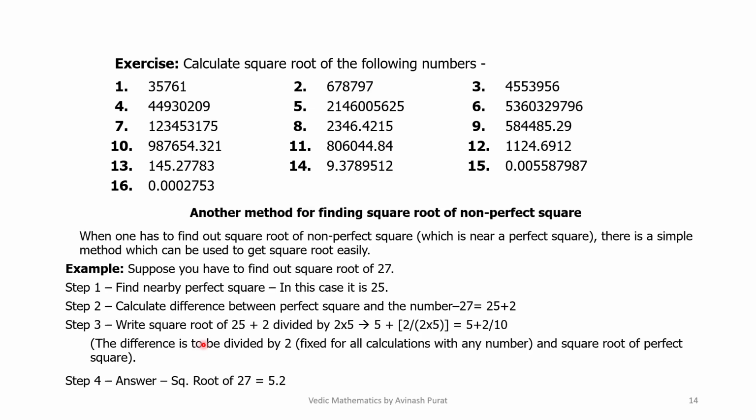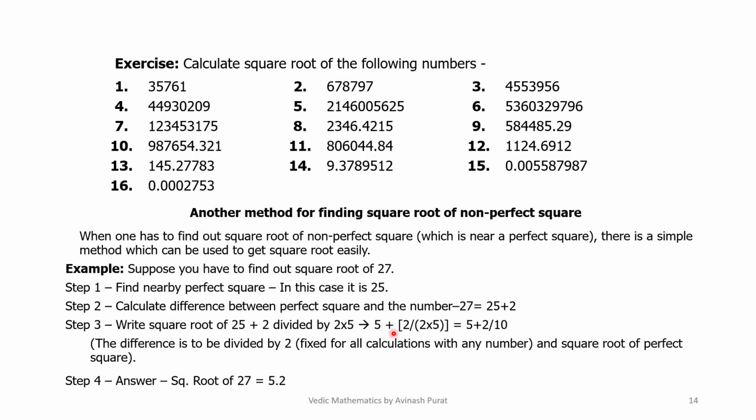Step 3, write square root of 25 plus 2 divided by 2 multiplied by 5. Now difference is to be divided by 2, fixed for all calculations with any number. So 2 is the difference, divided by 2 and square root of perfect square, that is 5.